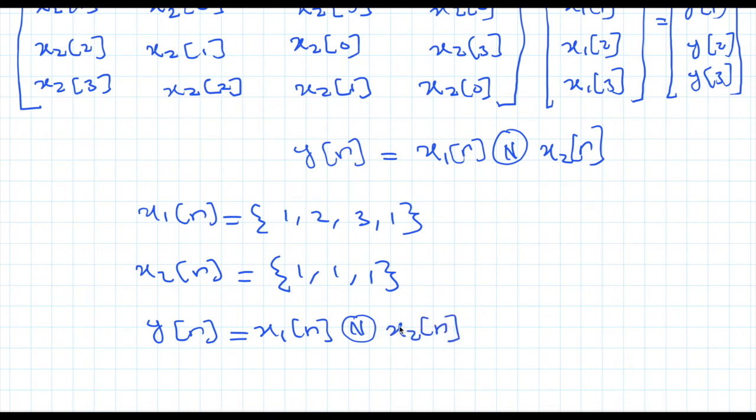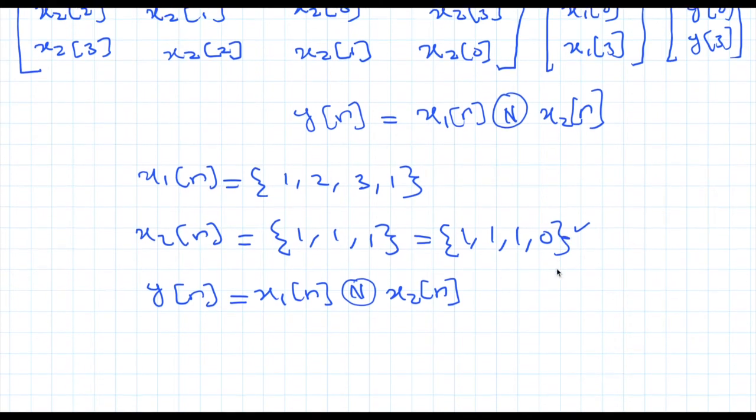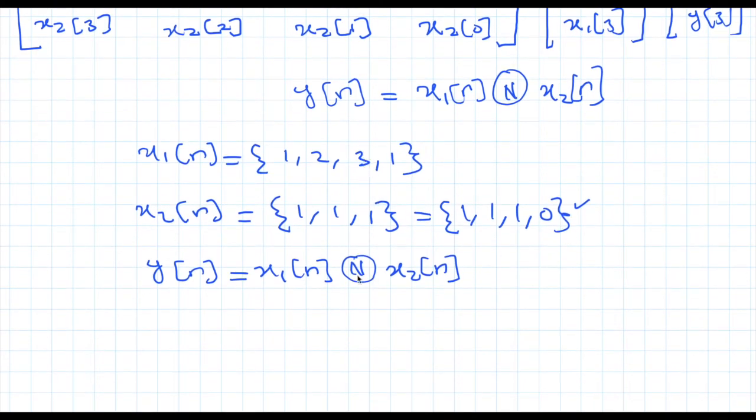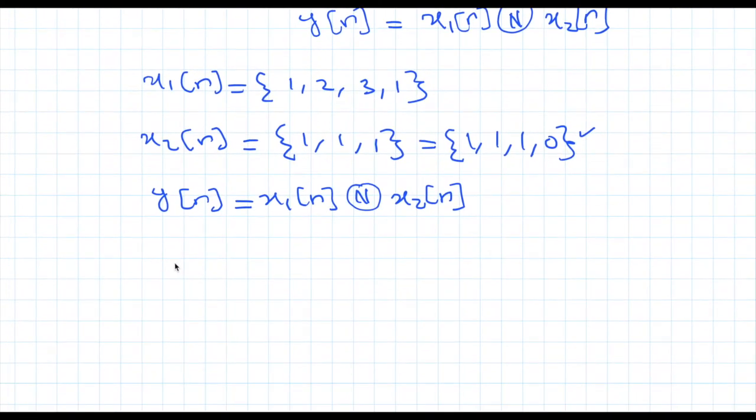If you look at the sequences, the first sequence has 4 points. The second sequence has 3 points, so we have to make it a 4-point sequence by appending one more 0. Now we have to form the matrix. You can choose either the first sequence or the second one, but I am choosing the second one.